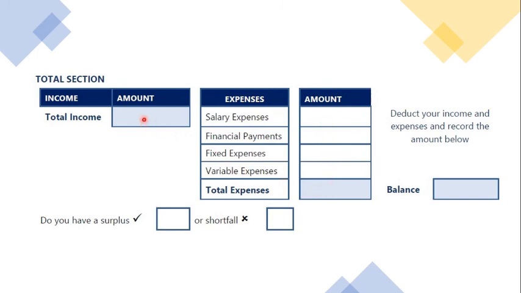And you're going to say your income here minus your expenses will give you your balance. So if you have a surplus, money left, that's a tick. A shortfall, that means this amount here will be a minus. That would be a cross. And then that comes to the end now of our budget discussion.